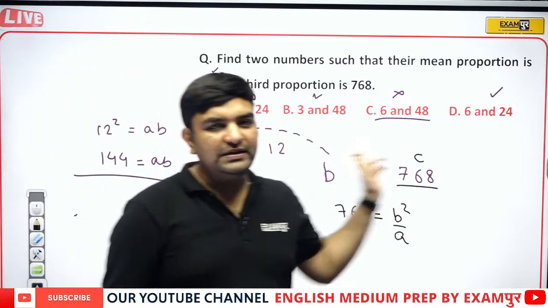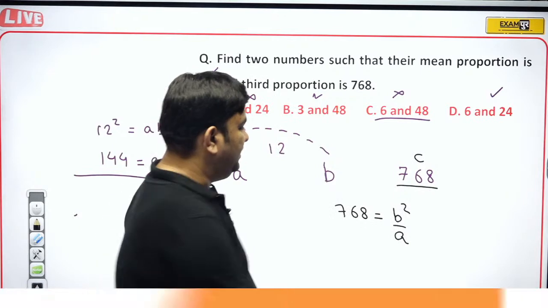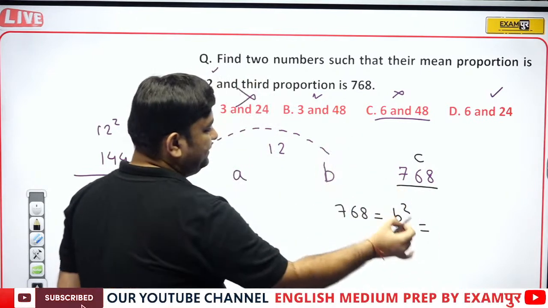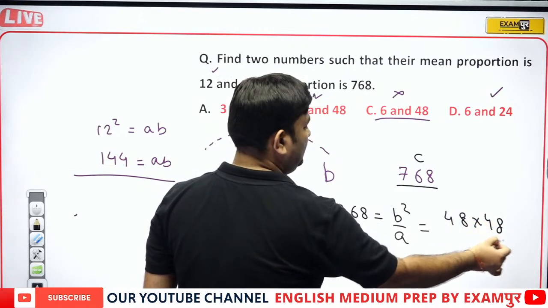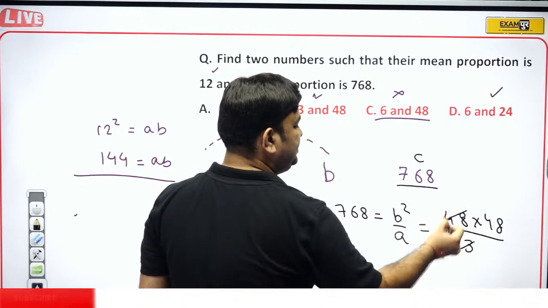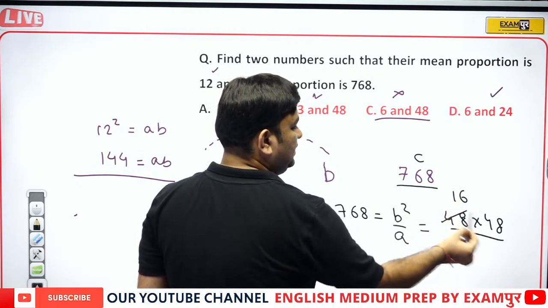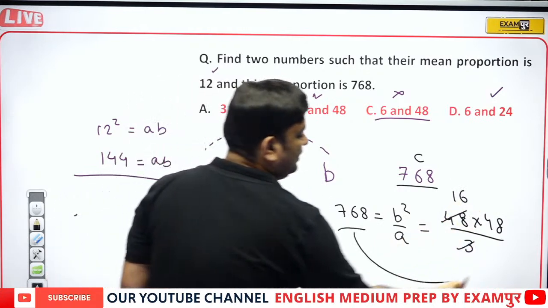Which of the following will satisfy this condition? If you take this as the answer, B is 48. 48 into 48 divided by A, 16 into 48. It looks like they are equal to each other.